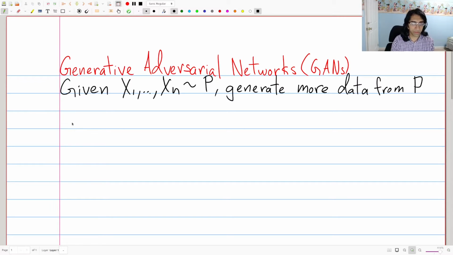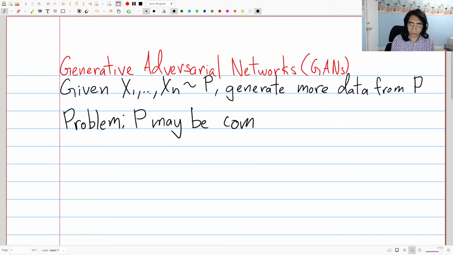Well, our solution is very similar to what we did last time with variational autoencoders, in the sense that the way we get around the fact that P may be very complex is, well, let me just write this. The problem is that P may be complex. And the solution, like I said, is similar to what we did last time. It's the same thing we've done for a lot of this class now.